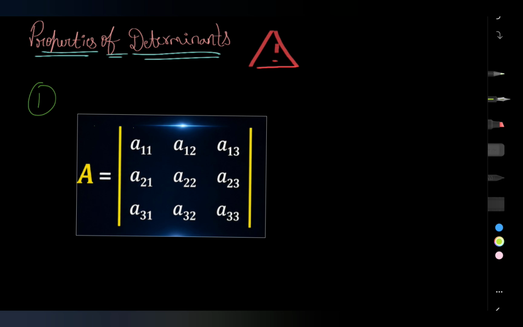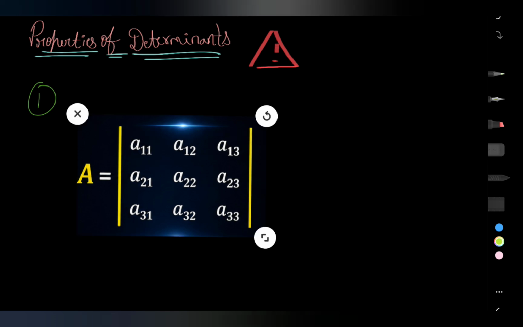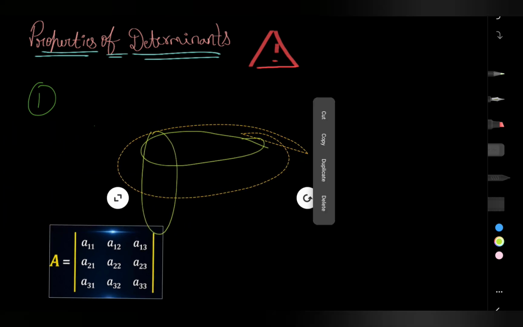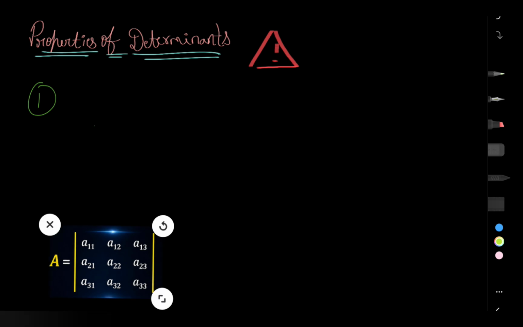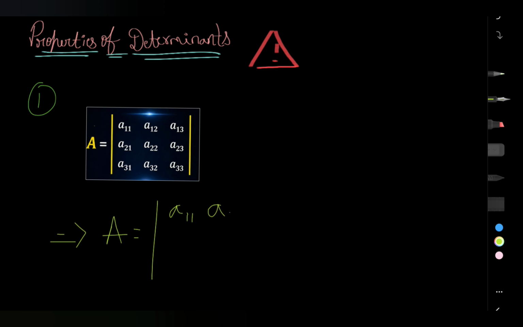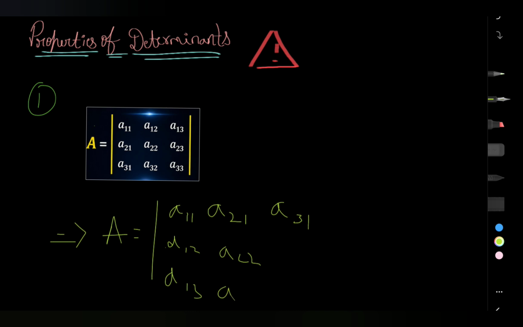If I'm interchanging the first row with the first column, then my determinant A will be equal to A11, A21, A31, and here A12 and A13, and here it will be as usual A22, A32, A23, and A33.